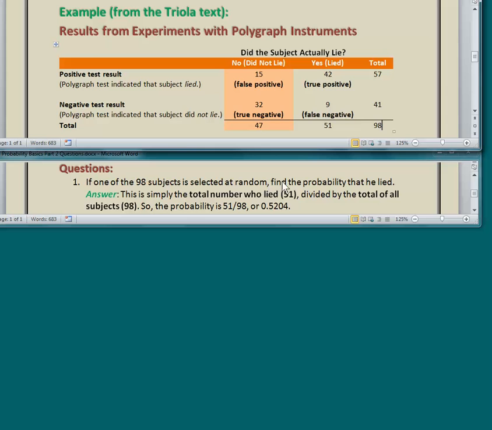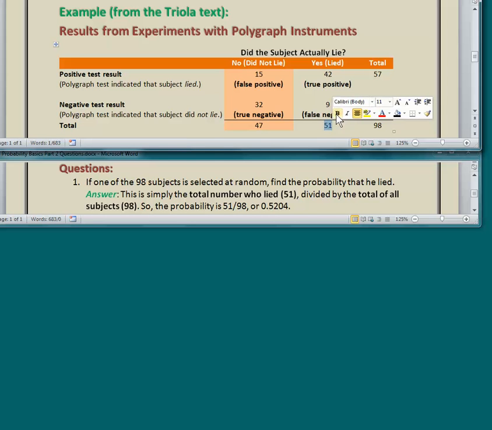So if you remember from part 1 of this basic probability presentation, probability equals percentage. Probability and percentage are the same thing. So we could rephrase this question to say, what is the percentage of subjects who lied? And that's our answer. The percentage of subjects who lied is the total number who lied. And remember, that's right here.